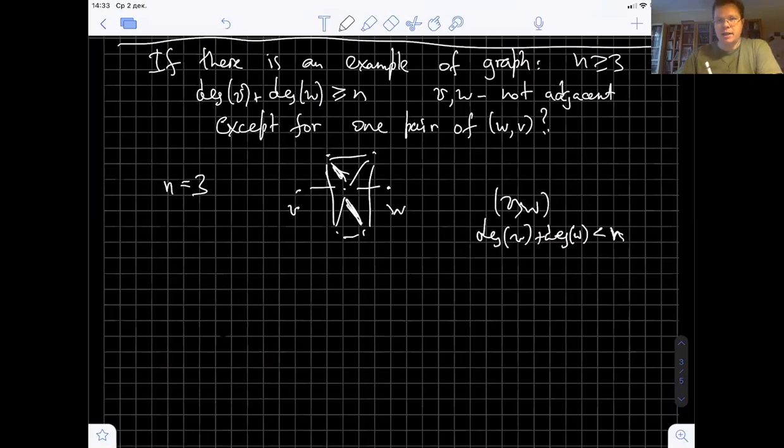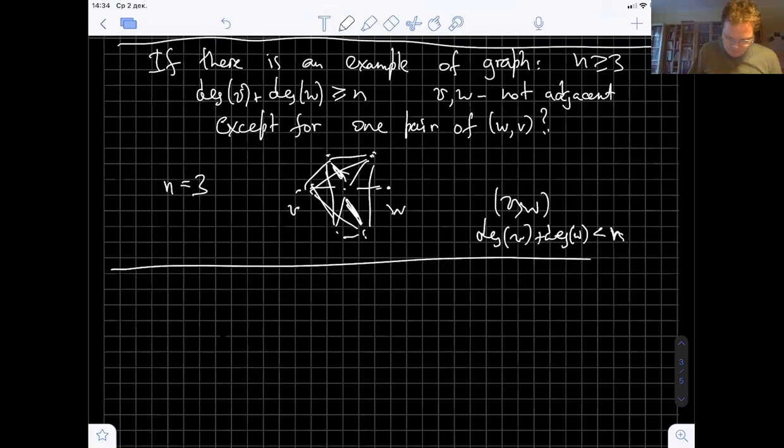And again, we will see that this graph has no Hamiltonian cycle. We can also connect this vertex V with one of the vertices, so this inequality doesn't hold. Okay, so let's prove the theorem.